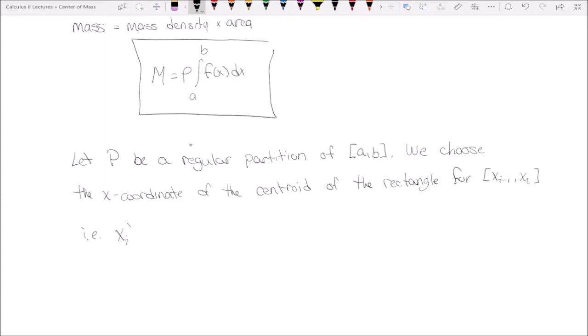I.e., we're saying that x sub i star is the x-coordinate for the centroid of the rectangle. Well, for a rectangle, that's just going to be the midpoint. So it's going to be x sub i minus 1 plus x sub i, all over 2.